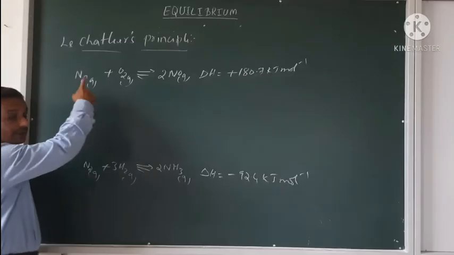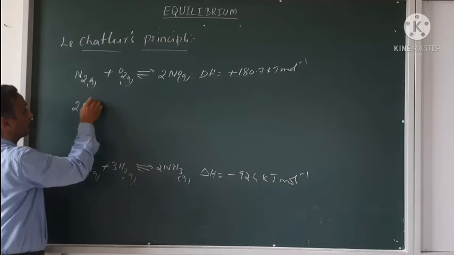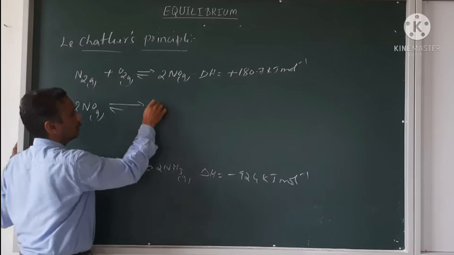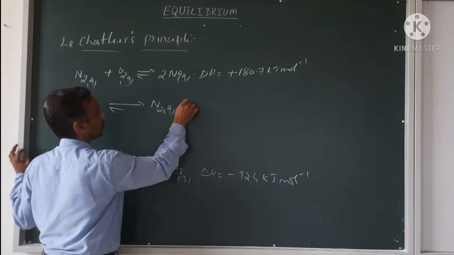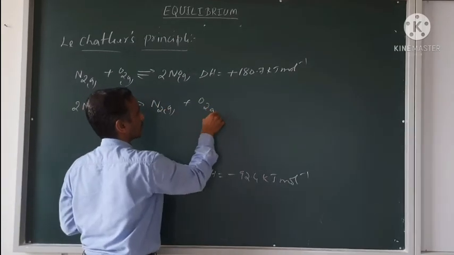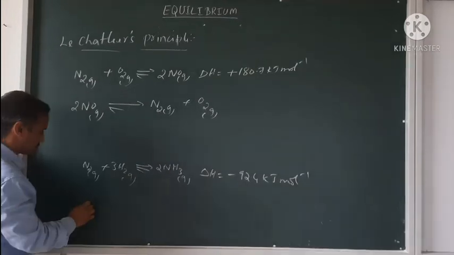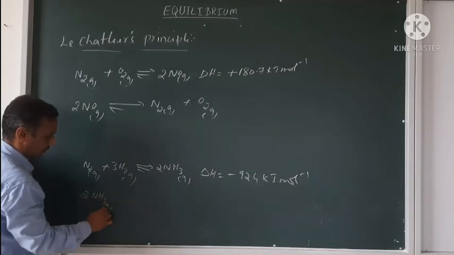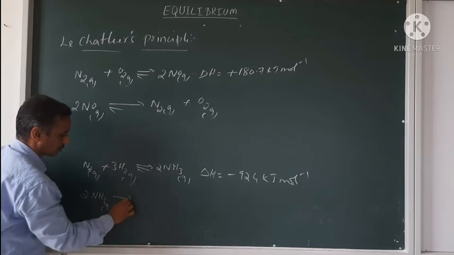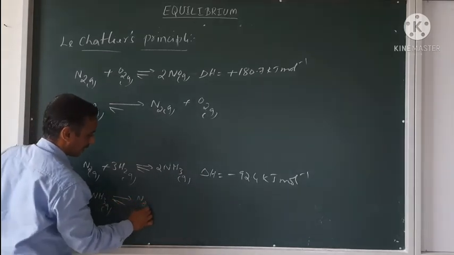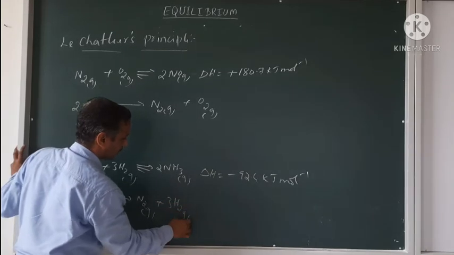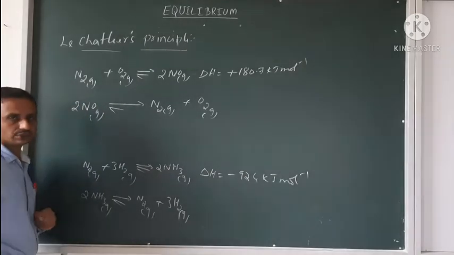For the same reaction, I reverse it: 2NO gas gives N2 gas plus O2 gas. This reaction also: 2NH3 gas gives N2 gas plus 3H2 gas. What did I do? I reversed it.